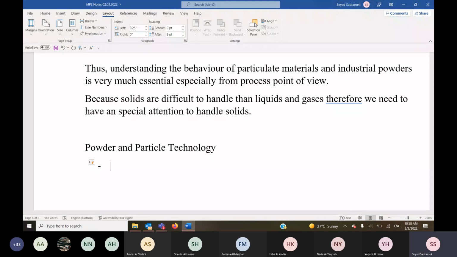So until the mid-20th century, we didn't have such courses on such materials like mechanical process engineering, because the need for such a course was not required at that time.